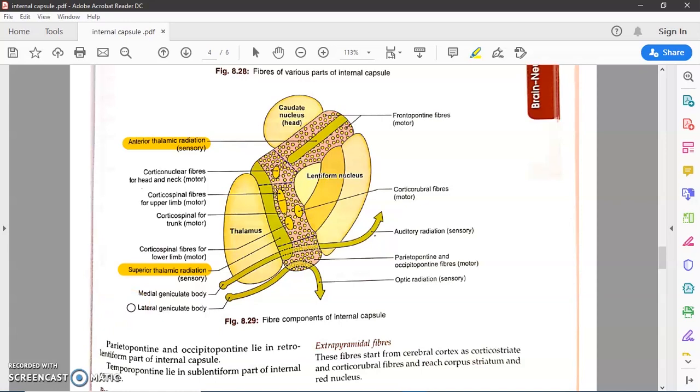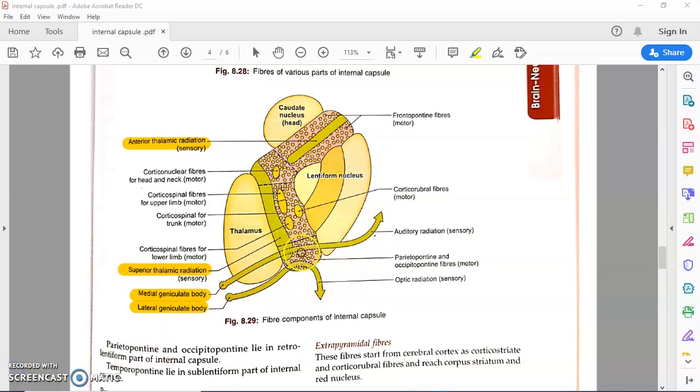Third, fibers from the thalamus to the occipital lobe constitute the posterior thalamic radiation, that is the optic radiation from the lateral geniculate body to the visual cortex. Fourth, fibers from the thalamus to the temporal lobe constitute the inferior thalamic radiation, that is the acoustic radiation from the medial geniculate body to the acoustic area of the cerebral cortex.